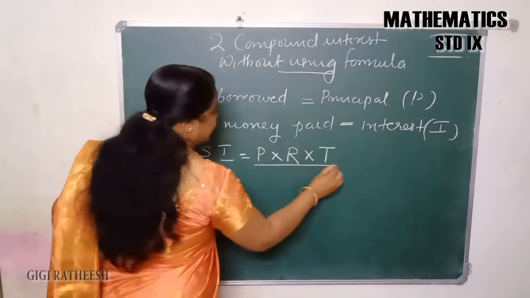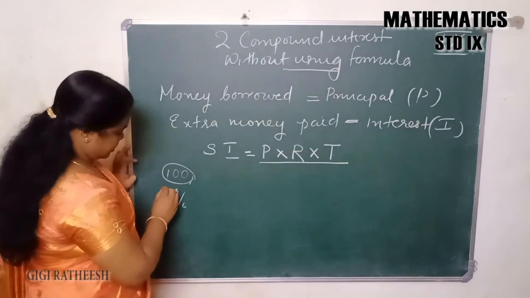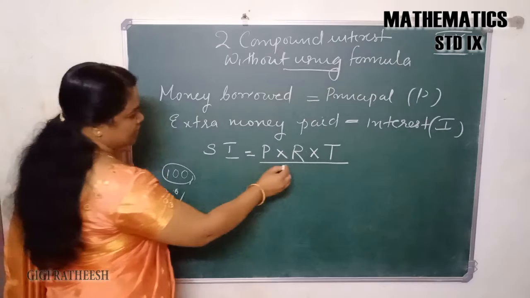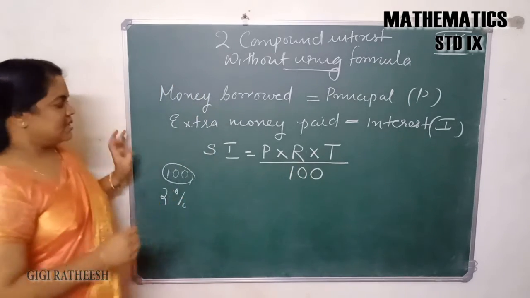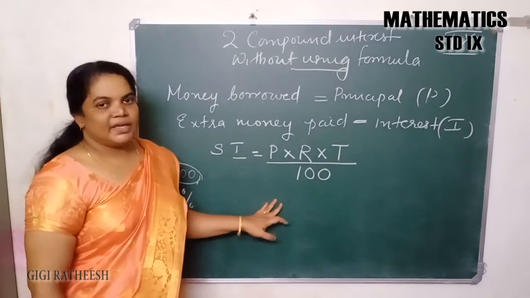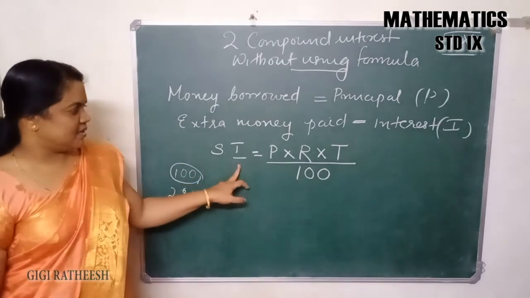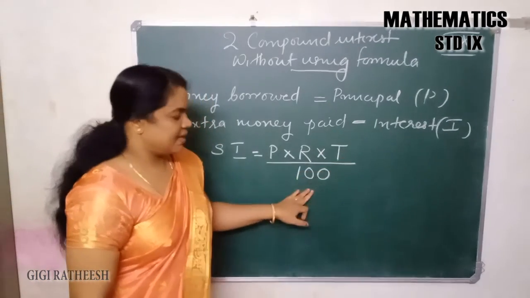R is in percent, so if it is 2%, to convert this percentage we divide it by 100. That is, simple interest is calculated by P into R into T by 100. This is the simple interest, principal into rate of interest into time divided by 100.